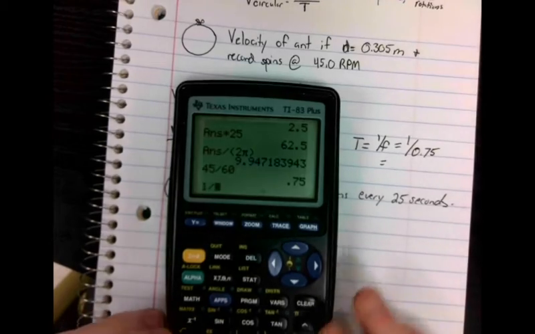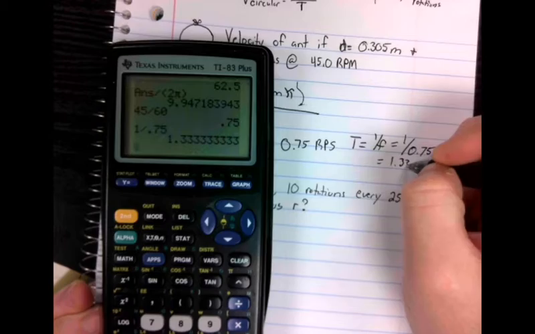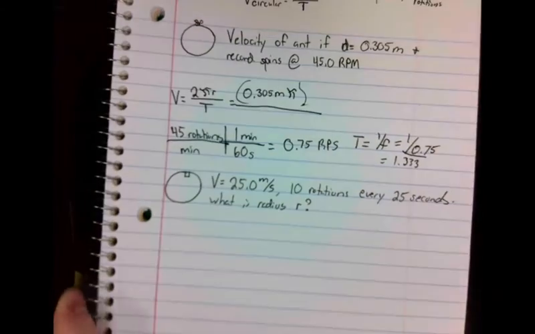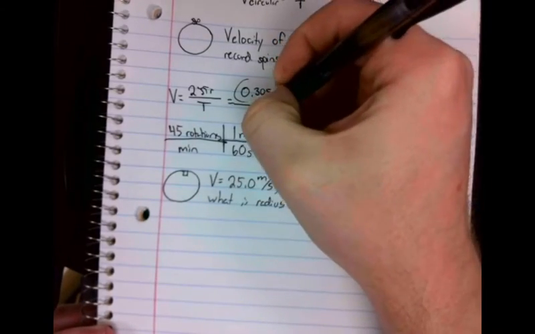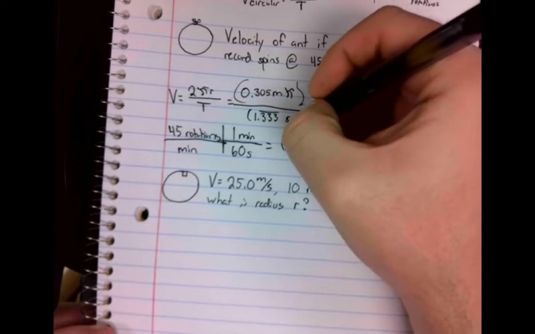So we'll do 1 over 0.75, and we will get 1.333 repeating, or 1 1/3 if you're feeling like using fractions. So that is the number that's going to go right here, 1.333 repeating, and that is seconds per rotation.